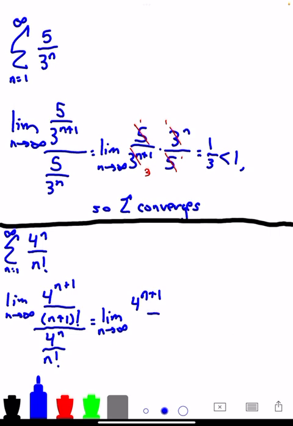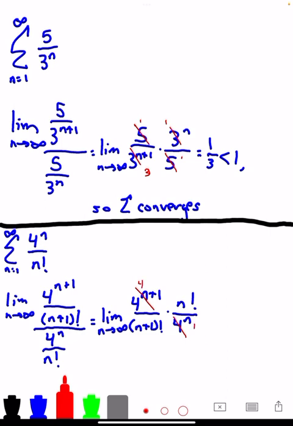That's something that, once again, we've learned a long time ago, and we do not want to abandon it. Okay, now 4 to the n plus 1 divided by 4 to the n, that's going to give us 4 over 1.